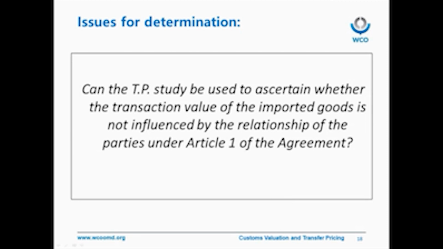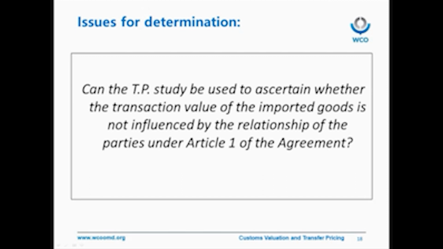Should this TP study be used to ascertain whether the transaction value of the imported goods is not influenced by the relationship of the parties under Article 1 of the agreement? Because we have mentioned the difference between WTO rules and the OECD rules.